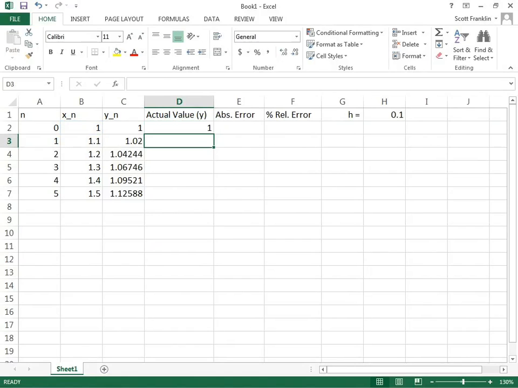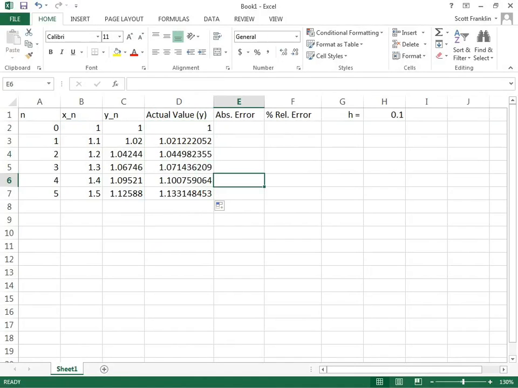Okay? Now if I drag this little handlebar down, those are all my actual values of this function, right? This number right here, say this guy right here, that is y at 1.1.